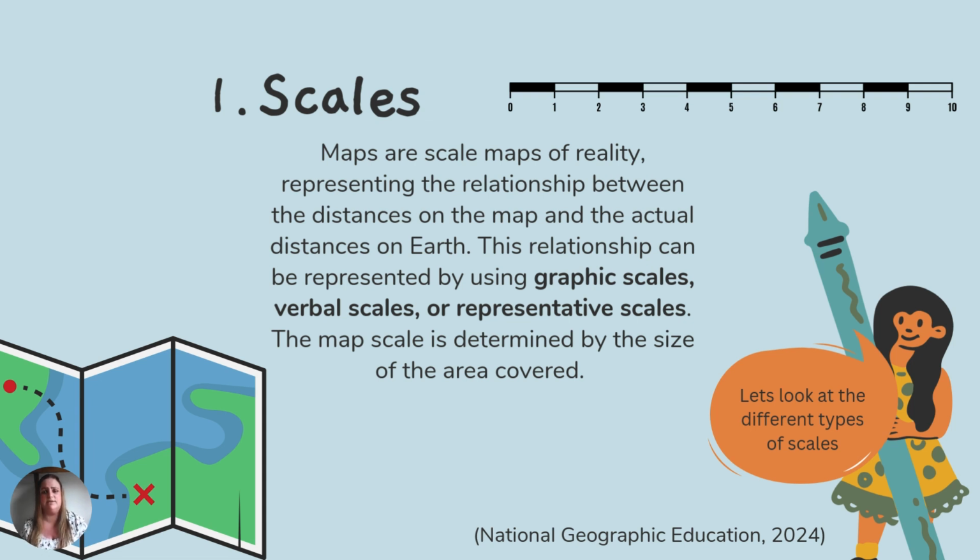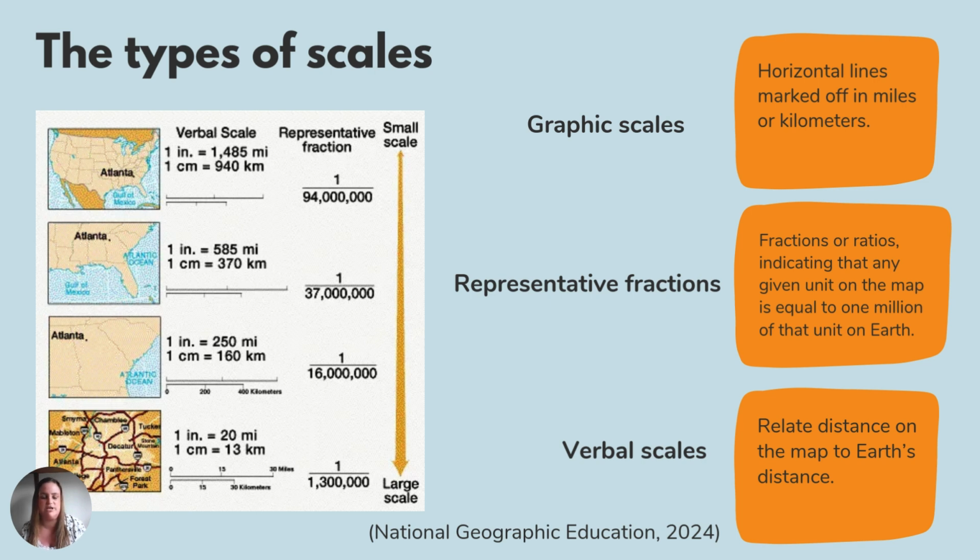Now let's look at the different types of scales you get. You get three different types of scales, and whatever map it is depends on which scale would be paired with it. We get graphic scales, and these are horizontal lines marked off in miles or kilometers.